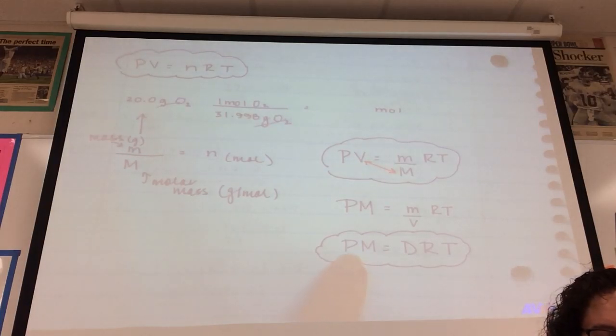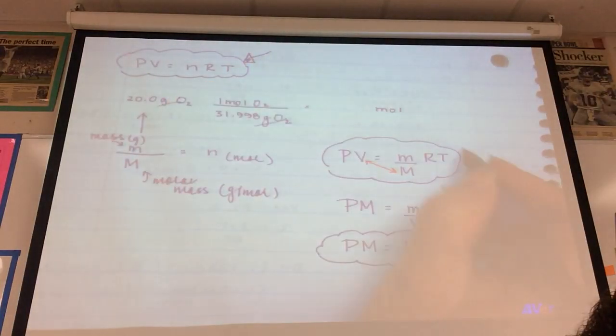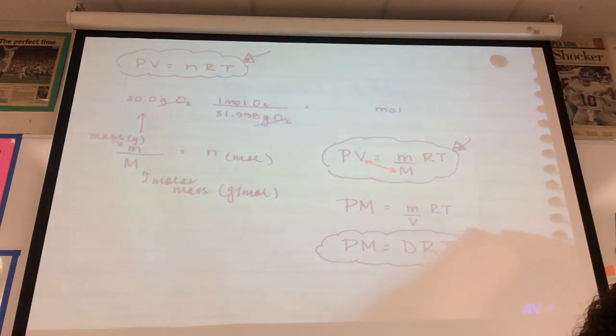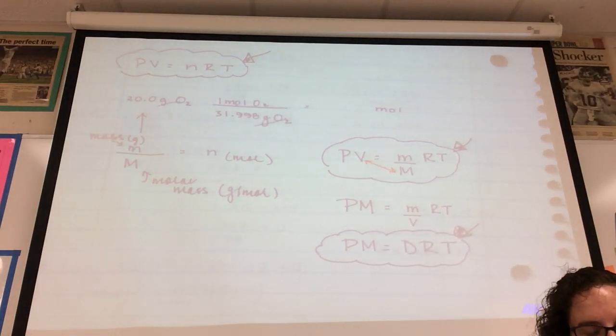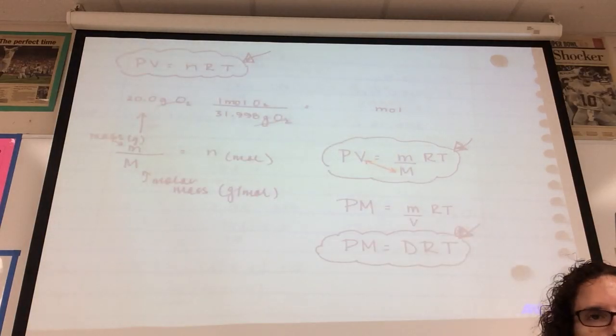Some girls suffer from PMS, and boys can be very dirty sometimes. So that's another way you can remember it. Ideal gas law, 2 variations. And now we can use one of these 3 formulas to solve a whole bunch of problems.